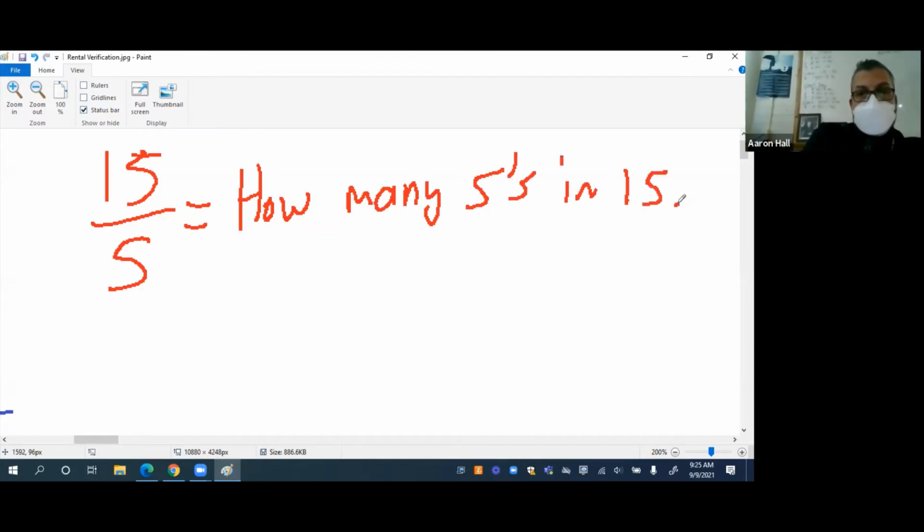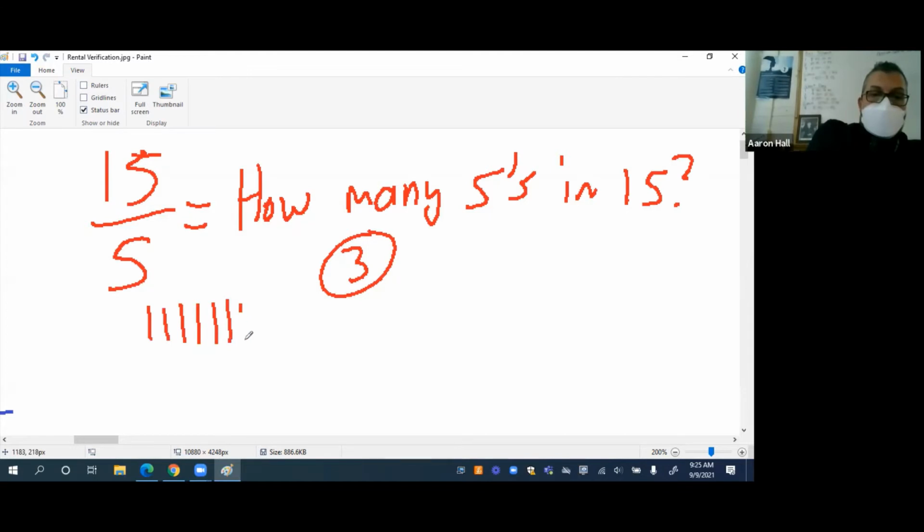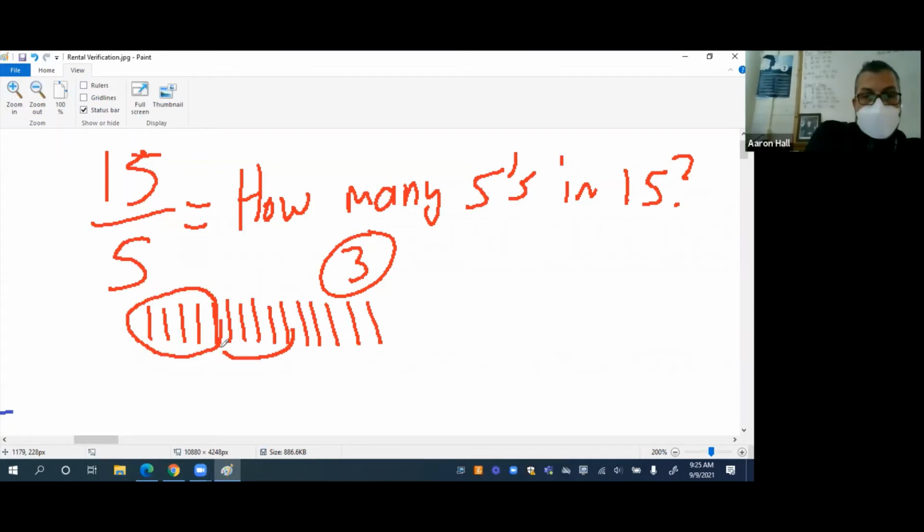Would you agree that that's what it means? What's the answer? 3. We could actually write it out: 1, 2, 3, 4, 5, 6, 7, 8, 9, 10, 11, 12, 13, 14, 15. How many groups of 5 are there? Here's one, here's another one, and here's my other one right here. So we have 3.